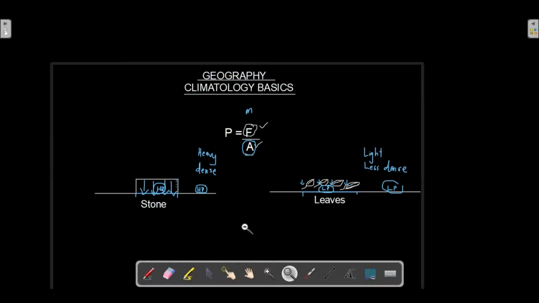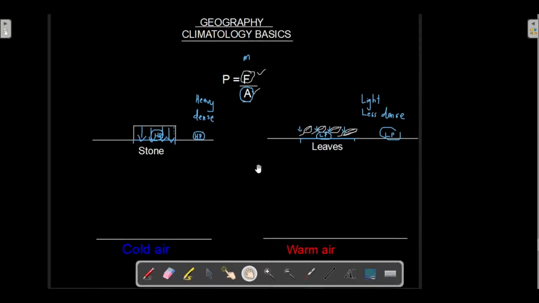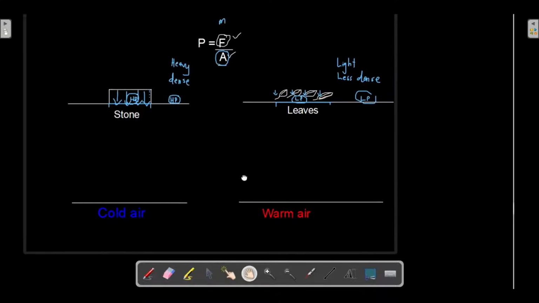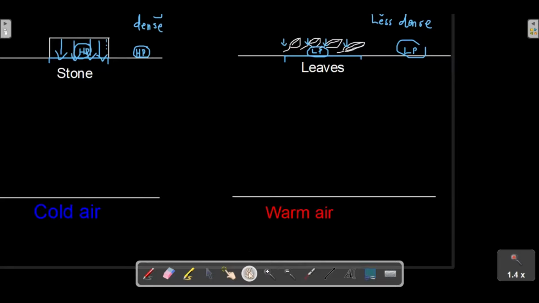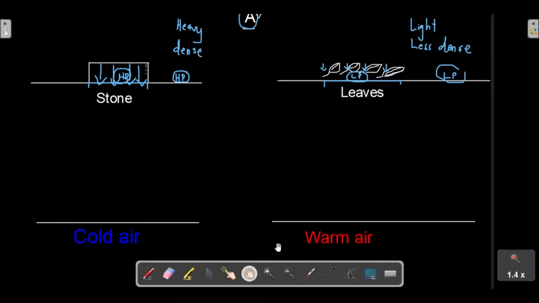Now, of course, we do not talk about stones and leaves when it comes to climatology. We talk about air, guys. So whether it's cold air or warm air. Let's talk about cold air. Cold air in nature, we know that it is heavy, and it is dense as well.